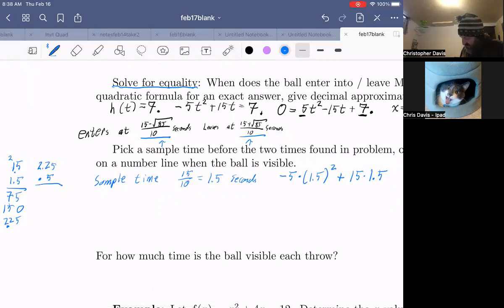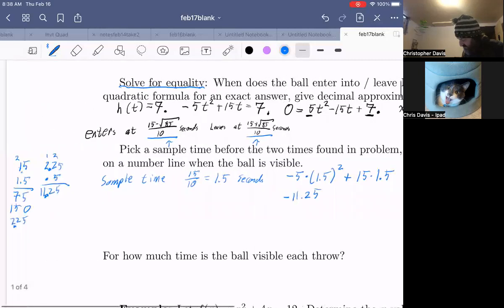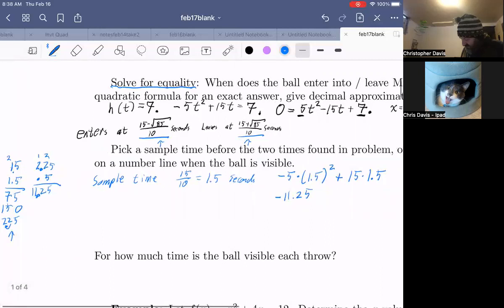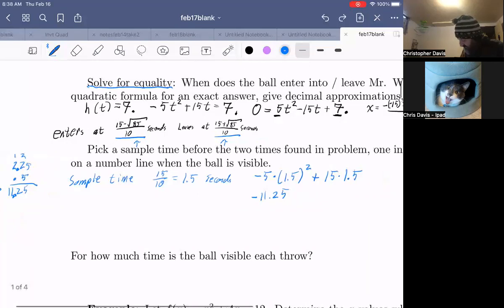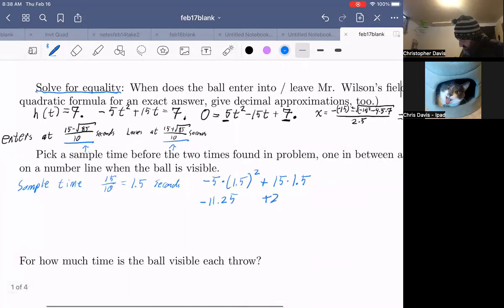Well, that's easy. 5 times 5 is 25, carry the 2, 10, 11, 12, carry the 1, 10, 11. And there are 2 decimal places moved. So this is negative 11.25. This also tells me what 15 times 1.5 is. It'll be that decimal place, but moved back one, because one of these will be moved back one. Plus 22.5.